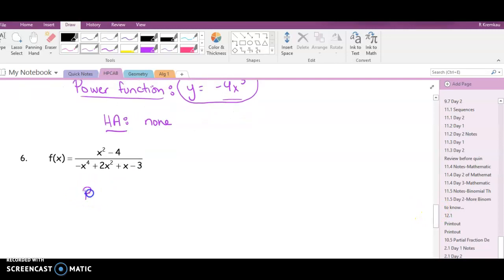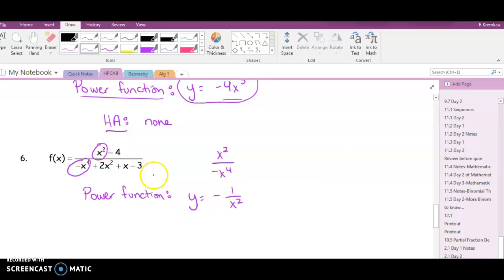Okay, so then for this next one, we're going to do the same thing. We're going to find the power function. Now this time we have a fraction. So the power function is going to be, once it's in descending order, the very first term on the top over the very first term on the bottom. So we're talking about x squared all over negative x to the fourth. When you reduce that, you're going to get y equals negative 1 all over x squared.